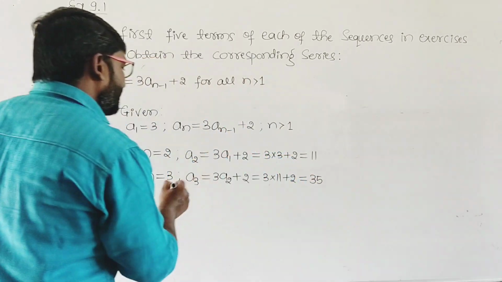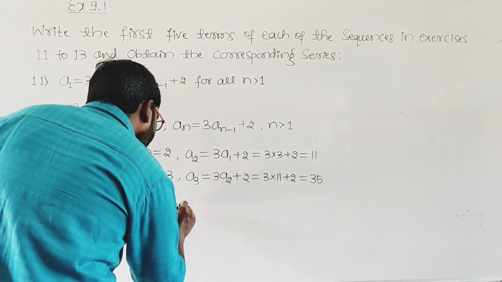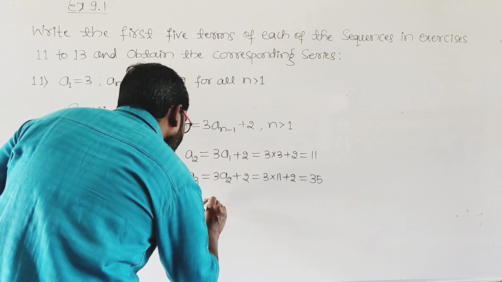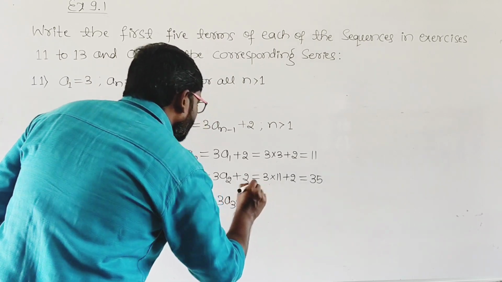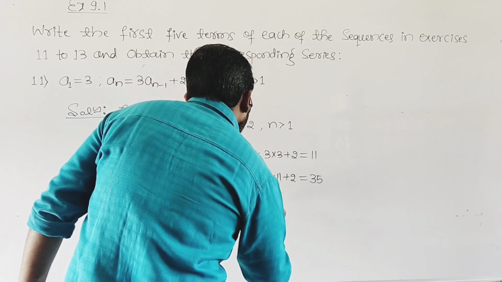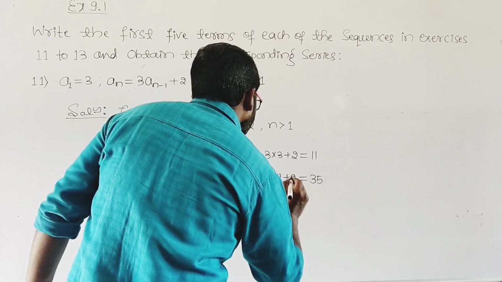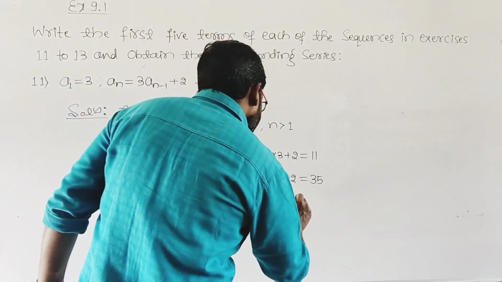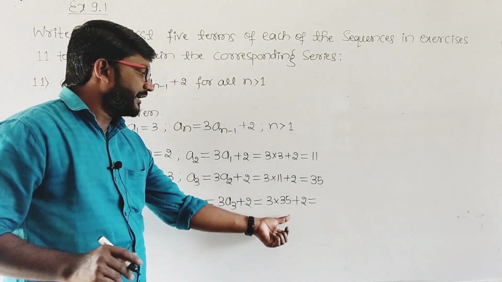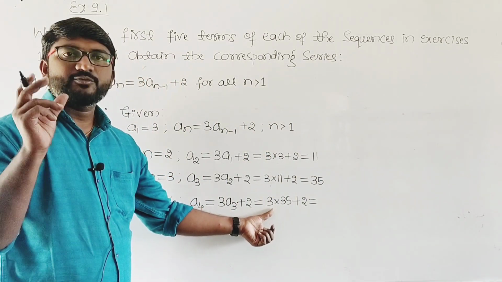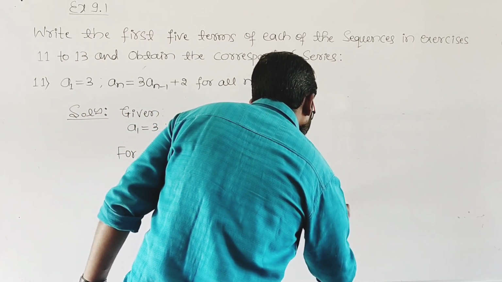Then next we have to go for n equal to 4. Here we get a4 which is equal to 3 times a3 plus 2, which is 3 times 35 plus 2. So 35 into 3 is 105 plus 2 is 107.